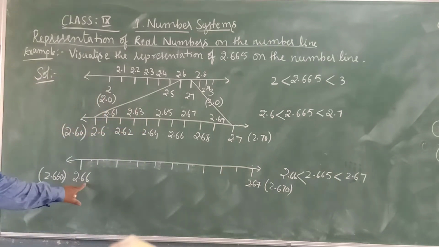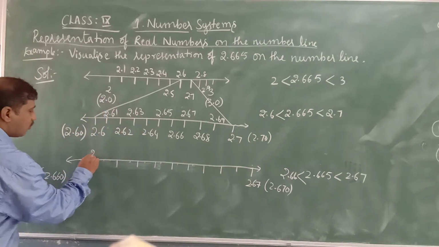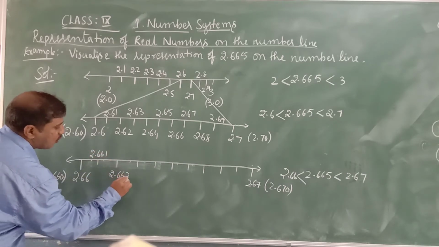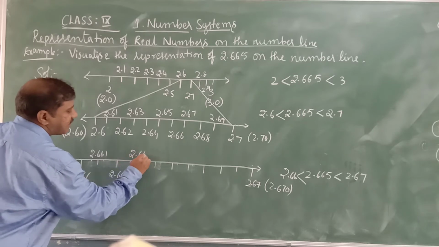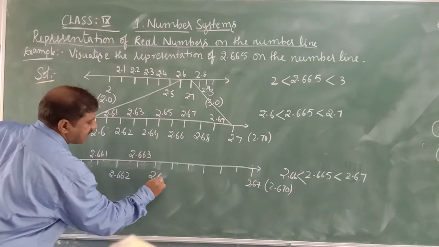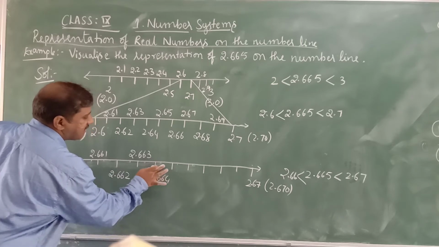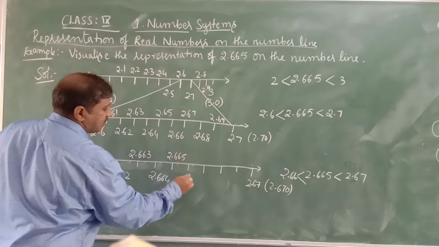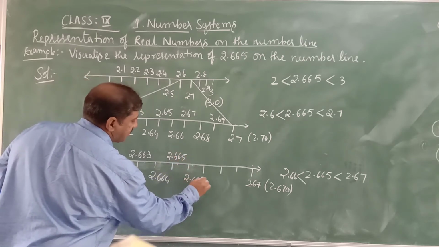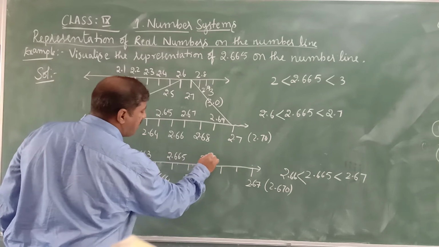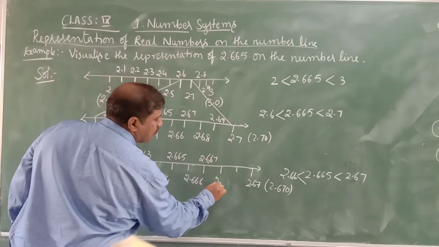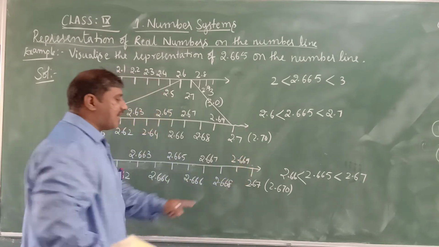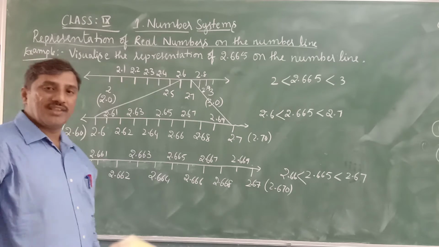So this is 2.660, then 2.661, 2.662, 2.663, 2.664, 2.665, 2.666, 2.667, 2.668 and 2.669, then 2.670.